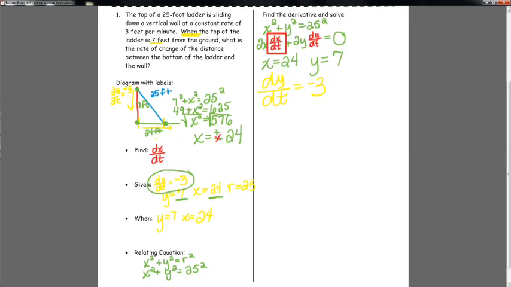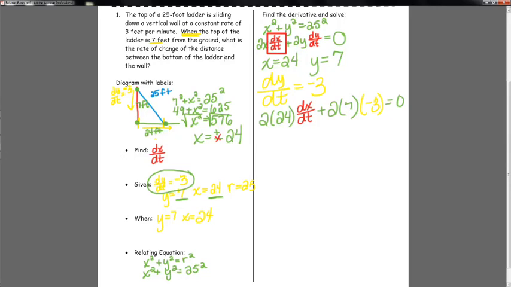So I have 2 times 24... Whoops, let me do that again. I did that wrong. Sorry guys. I have 2 times 24 dx/dt, that's what we're solving for, plus 2 times 7 times my dy/dt. My dy/dt is negative 3, and that whole thing is equal to 0.